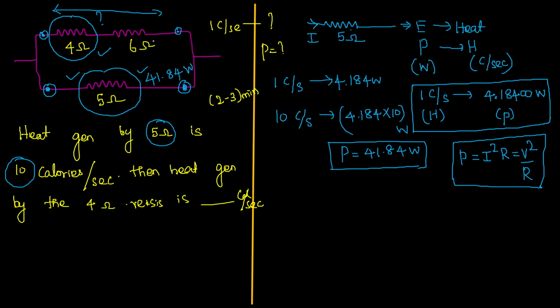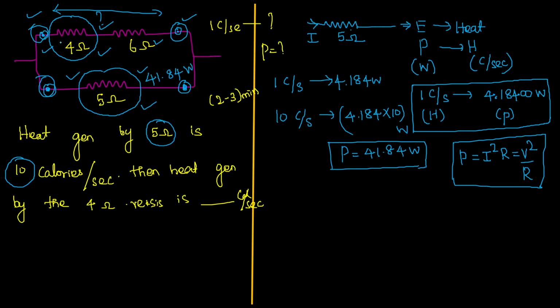The 4 ohm and 6 ohm are in series, but the resultant combination is connected in parallel with this 5 ohm resistor. So if I find the voltage here, I can easily identify the voltage across the 4 ohm resistor. From that I can identify the power consumed by the 4 ohm resistor. After calculating the power, we can transform it into calories per second.